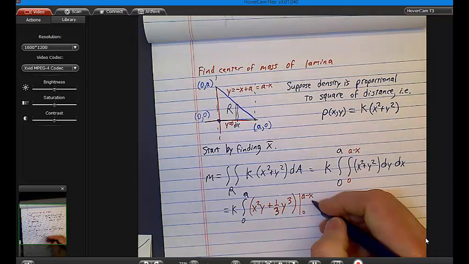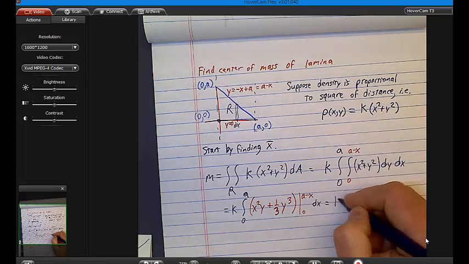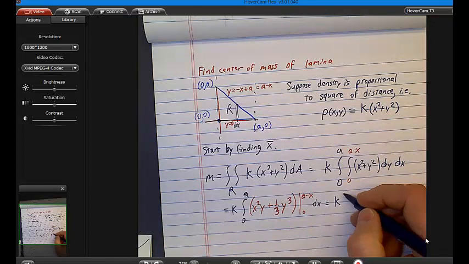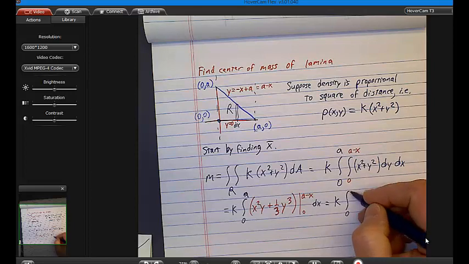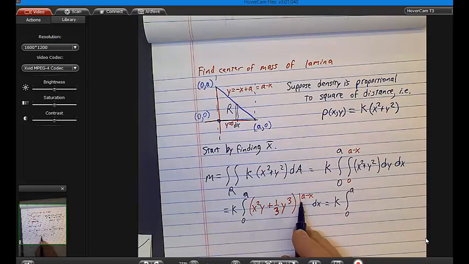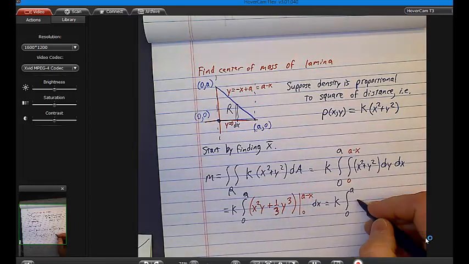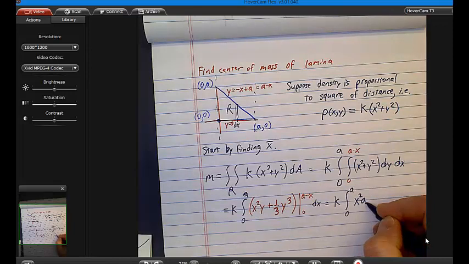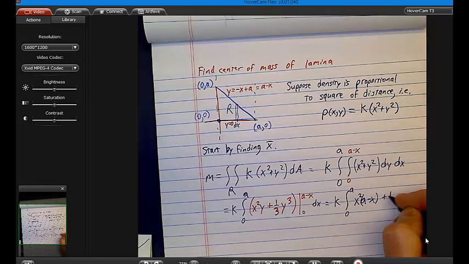So then I'm going to get k times, we need to integrate from 0 to a, x squared times a minus x, in parentheses, plus 1/3 a minus x cubed. Right?